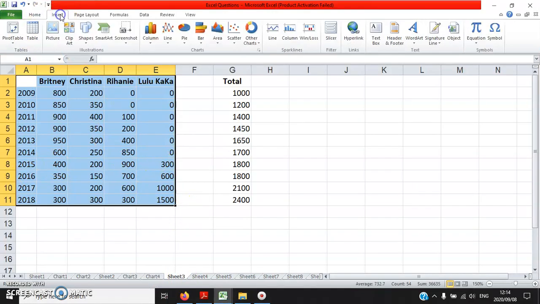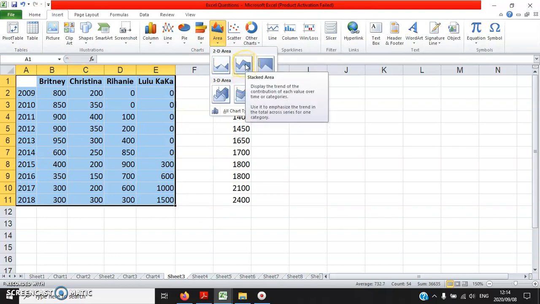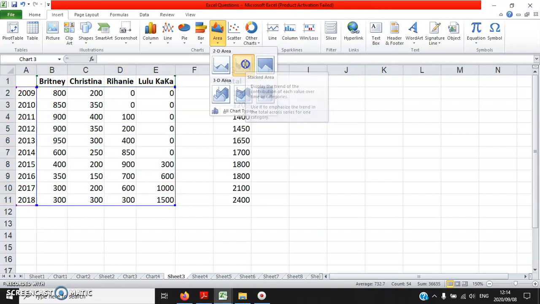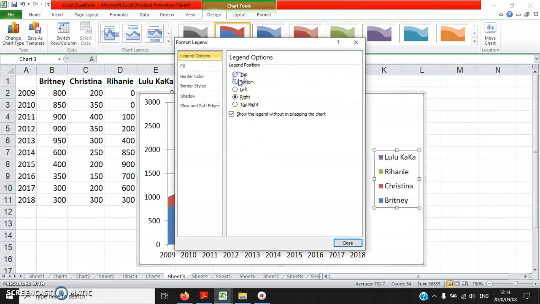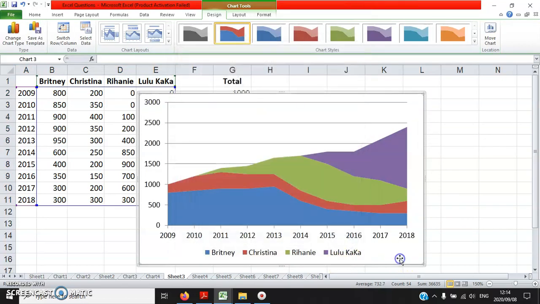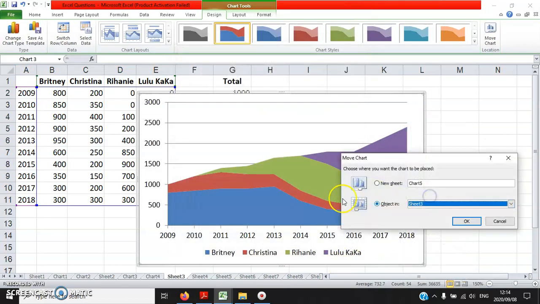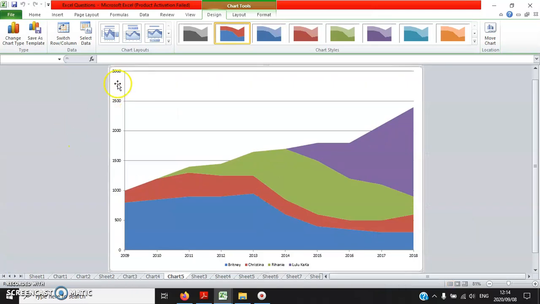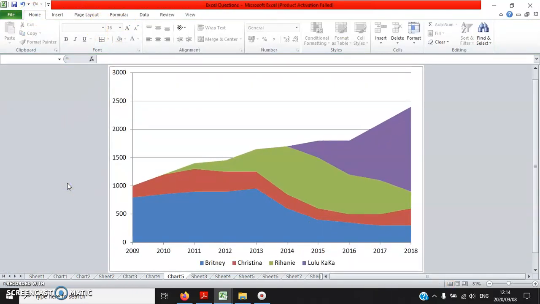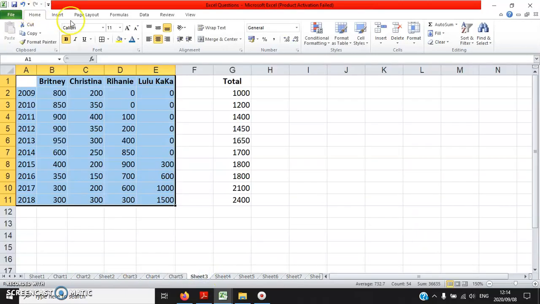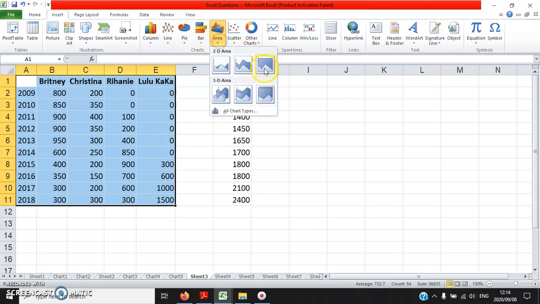Okay, it's still the same data range, insert area, stack area chart. Okay, this is stack area chart. And then 100% stack area chart, this one.